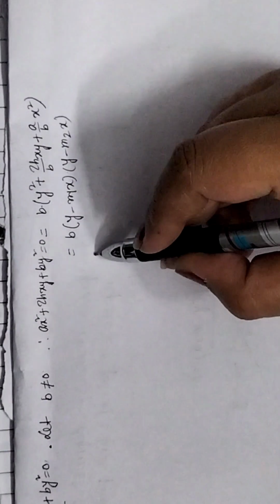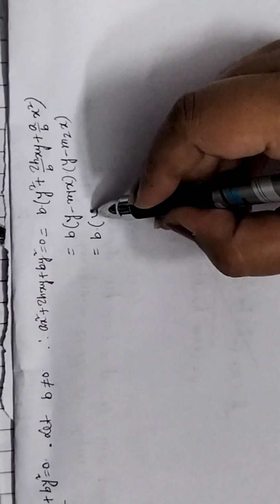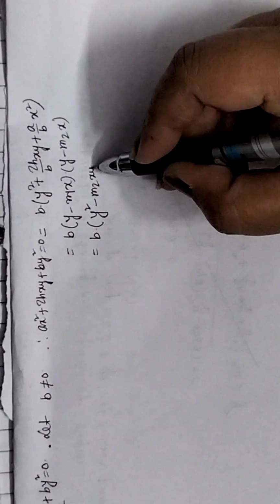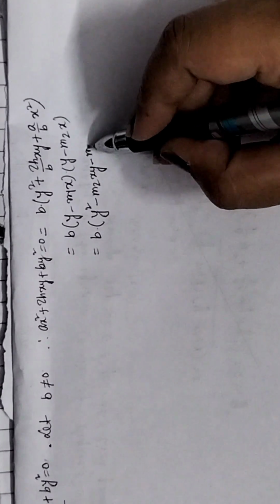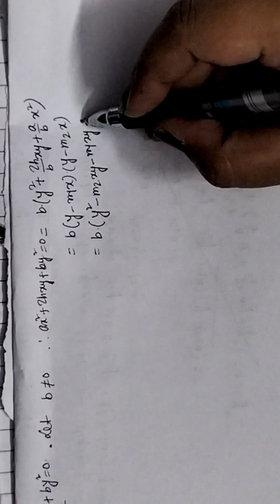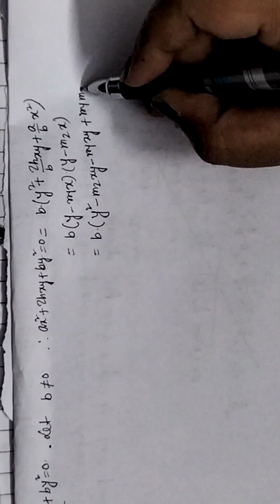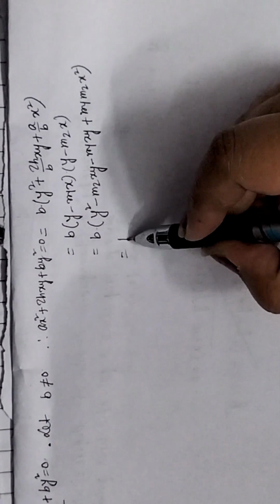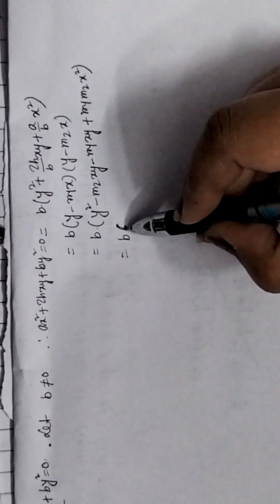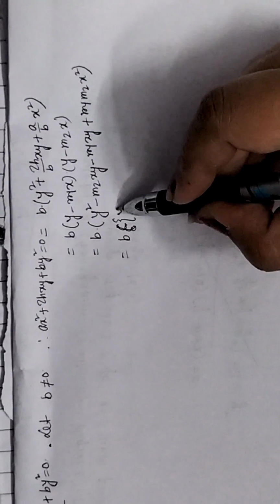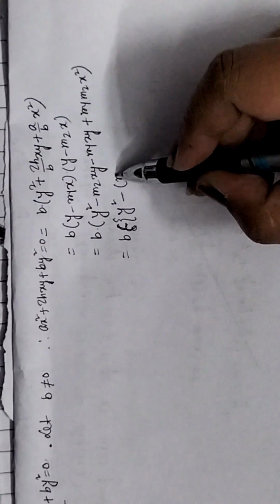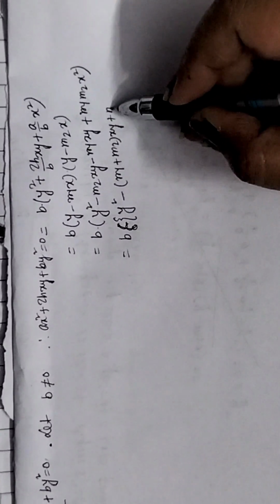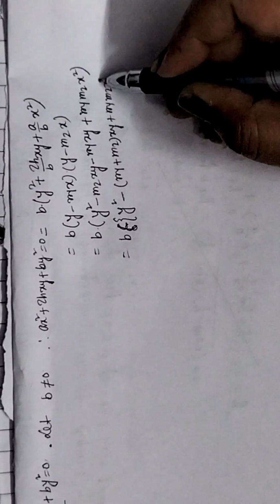So here we get b into y square minus m2 into xy minus m1 into xy plus m1 into m2 into x squared. So this will give us b into y square minus (m1 plus m2) into xy plus m1 into m2 x squared.